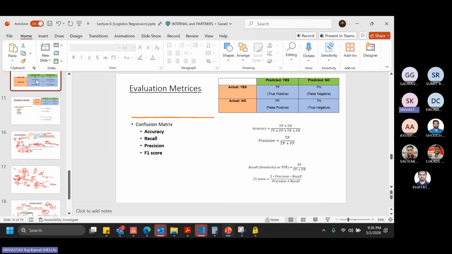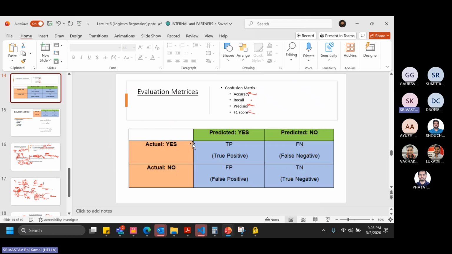Any problem you solve in terms of classification, you would be dealing with these metrics for sure. So you would be seeing random forest and decision trees. These also do classification, and both regression and classification. But if you want to evaluate any classification model, this is what it is.